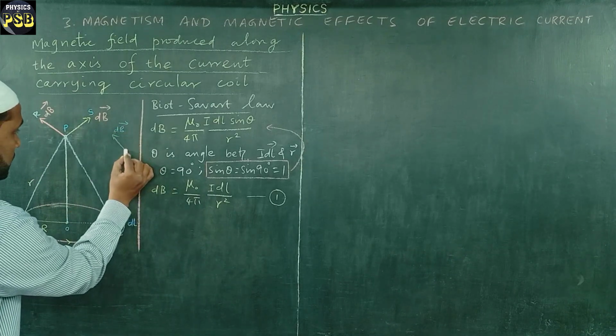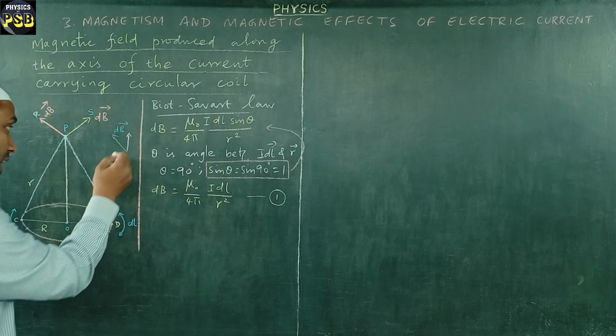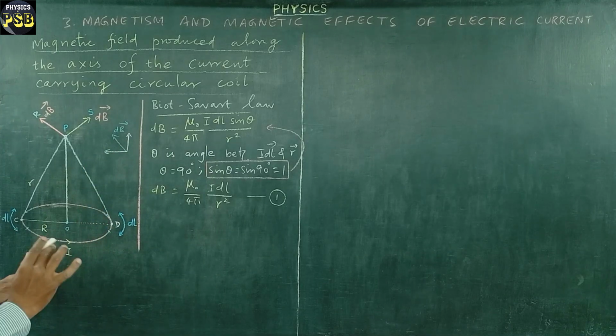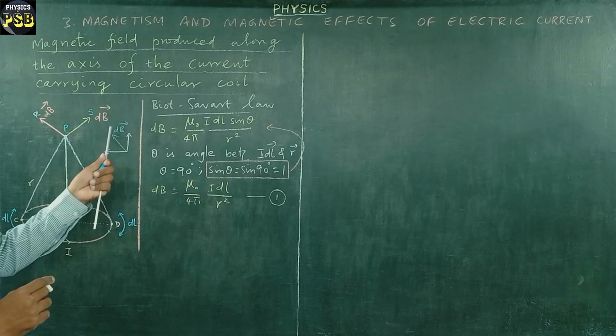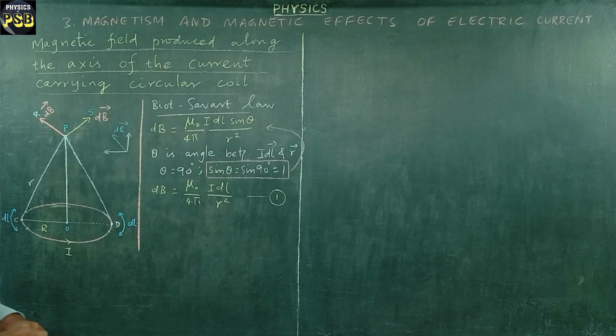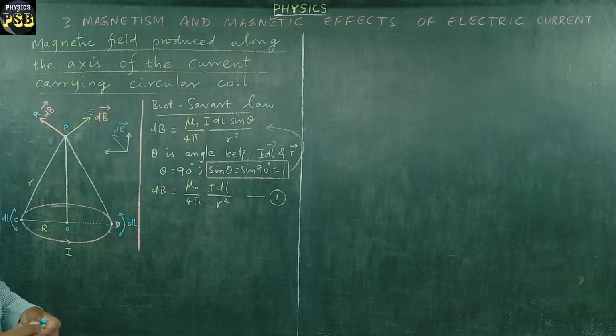This shows variation along this axis, and it also shows variation along this axis. So from this, it is quite clear that it has got two components, one along the vertical direction and one along the horizontal direction. Okay. Now I am going to resolve dB into horizontal and vertical components.